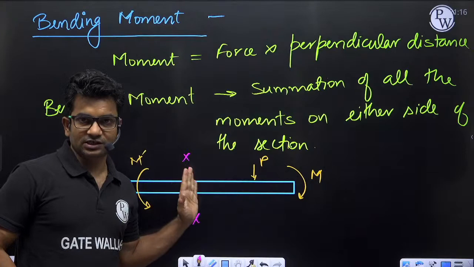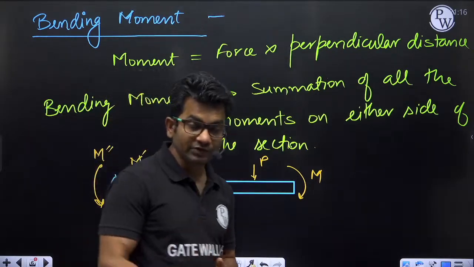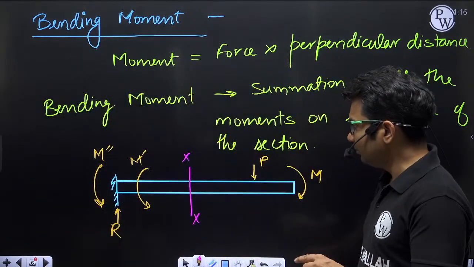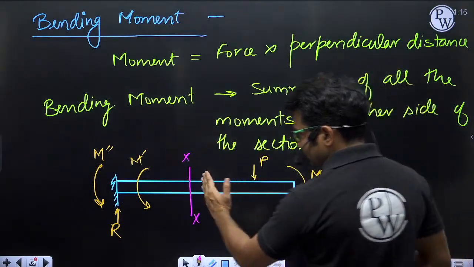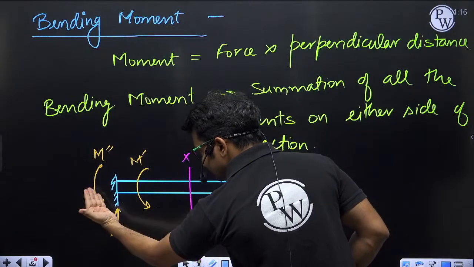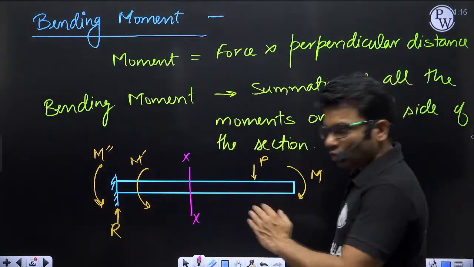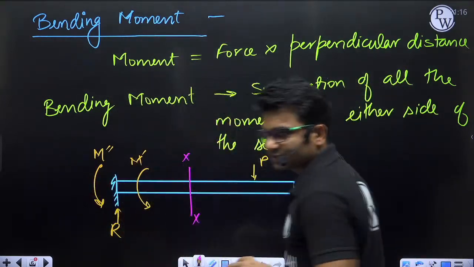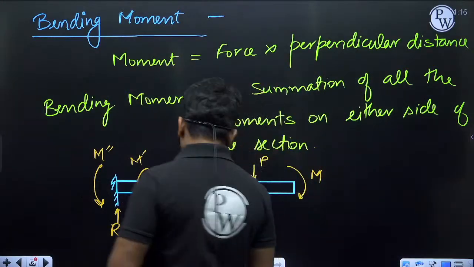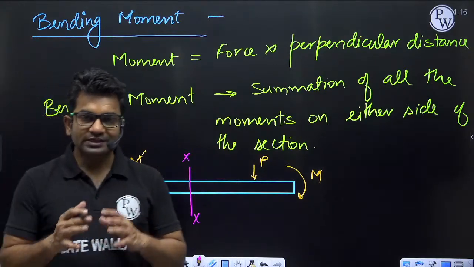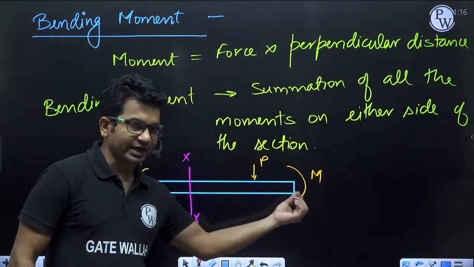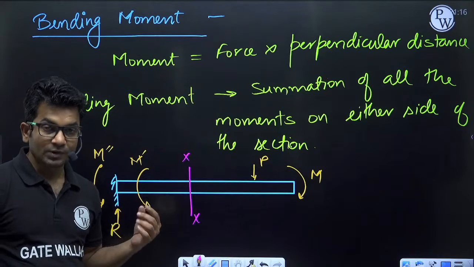So at this section, how will I calculate bending moment? Bending moment will be the summation of moments on either side of the section. I can do the summation of moments on this side, or on this side, not both sides.